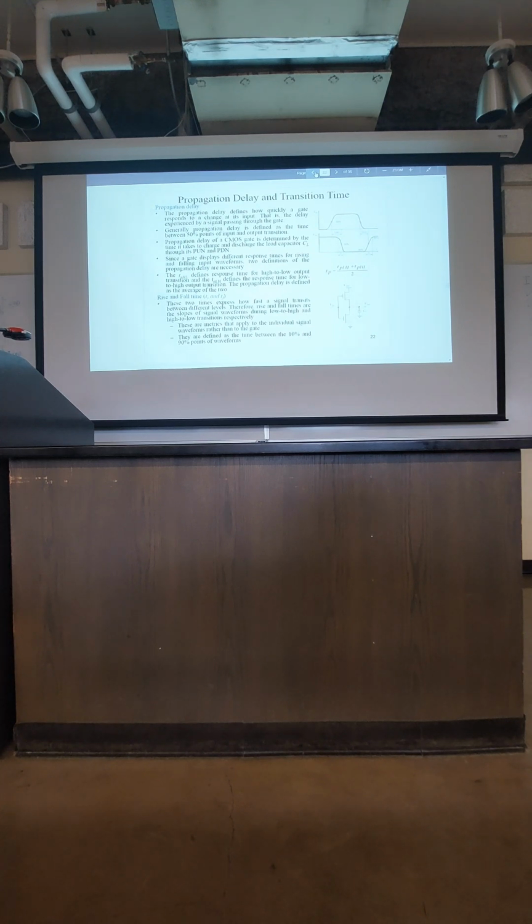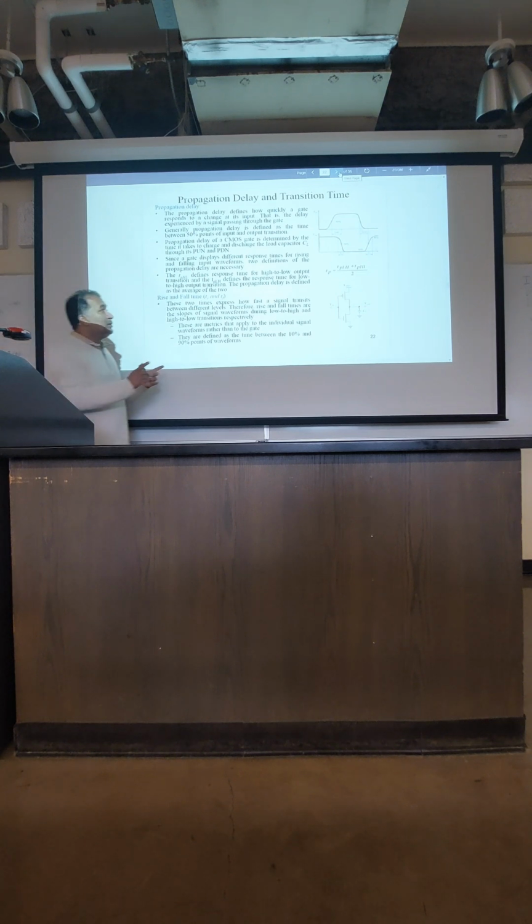Similarly, when it is falling, the first point is when it is at 0.9 VDD, and from there to 0.1 VDD, I'm talking about the output, that's called fall time. So the reference points for rise time and fall time calculation are the 10% point and the 90% point. The difference is the transition time, or rise time and fall time.